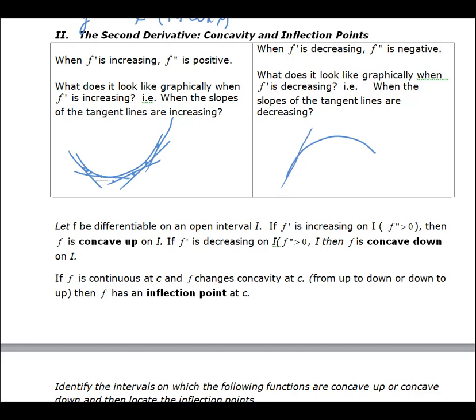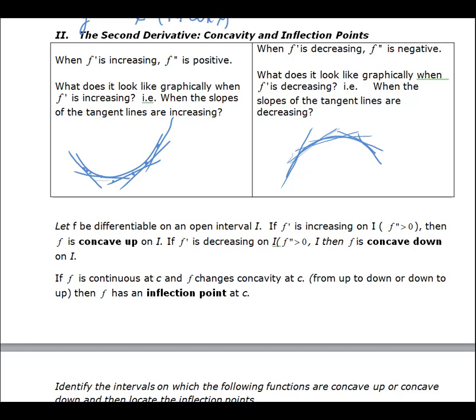Now let's look at this piece of a function that's concave down. I'm just going to start drawing some tangent lines. Notice my first tangent line is positive, it's steep. The second tangent line is a little less steep, it's still positive. This is less steeper still, and what's happening is the slope of those tangent lines is decreasing. I went from positive, less positive, 0.